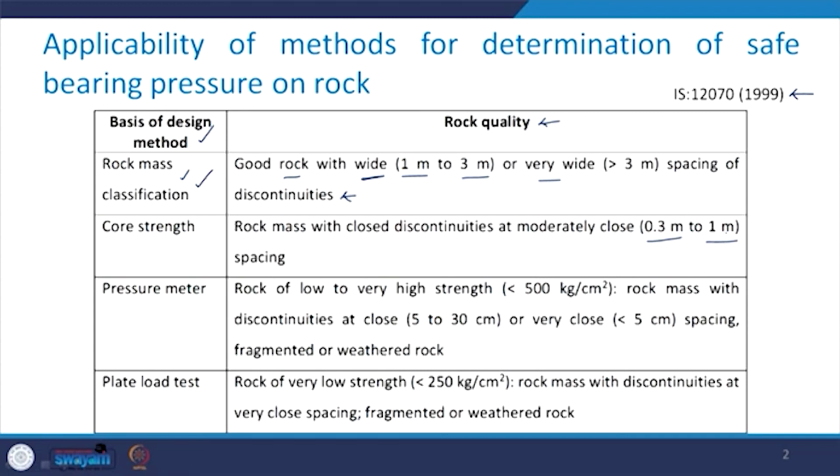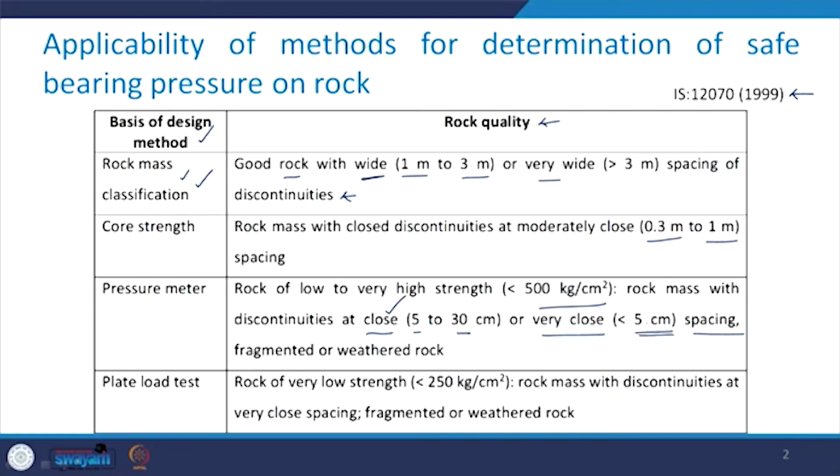The third category belongs to the rocks of low to very high strength, that is less than 500 kg per square centimeter, with the rock mass having discontinuities at close or very close spacing. When I say close, it means the spacing lies between 5 to 30 centimeter, and for very close the spacing is less than 5 centimeter.